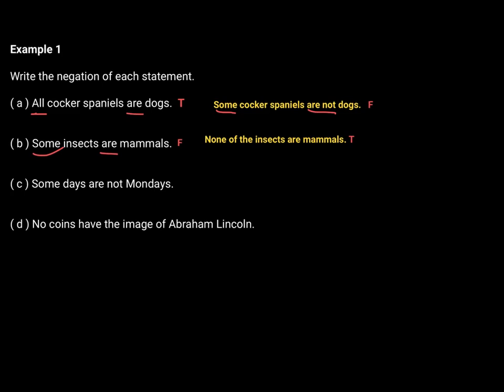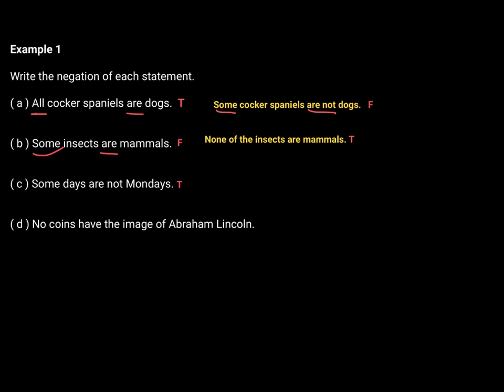All right. Some days are not Mondays. This is a true statement, right? Sunday is a day and it's not Monday. Tuesday is a day and it's not Monday. So some days are not Mondays. That's a true statement. Therefore, its negation must be false.